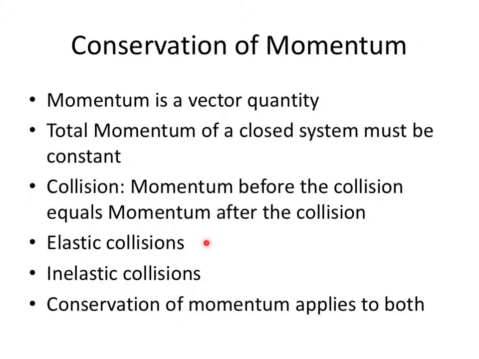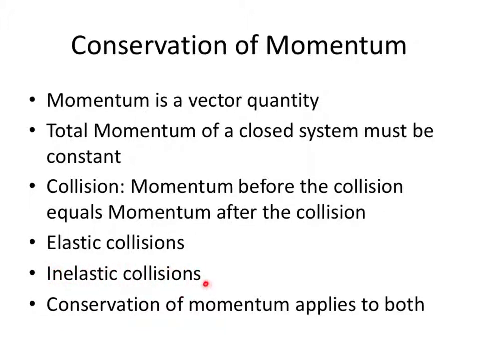Now, on the other hand, we have inelastic collisions, and in inelastic collisions, there is usually deformation of the surfaces. A good example of this might be if you take a piece of clay, like a clay ball, and you just drop it to the floor, it splats, the clay ball flattens out on one end, and it just sticks there. So in an inelastic collision, number one, there is this deformation of the surface.